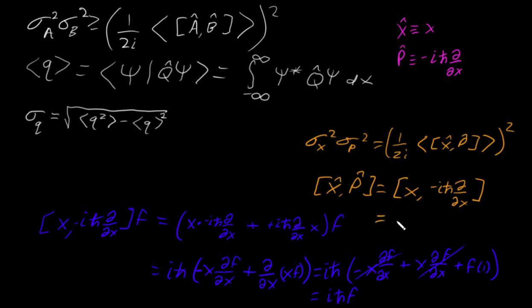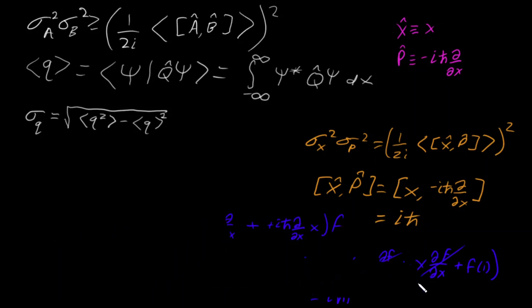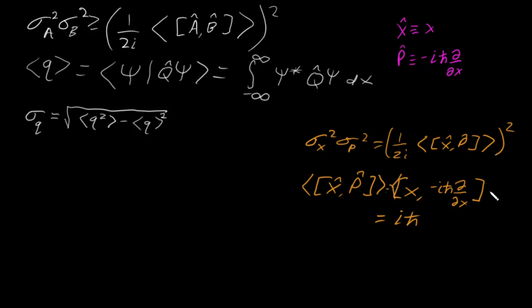This commutator is equal to i h bar, right? The commutator of x and p is i h bar. Then we also know that the expectation value of this is the expectation value of i h bar.